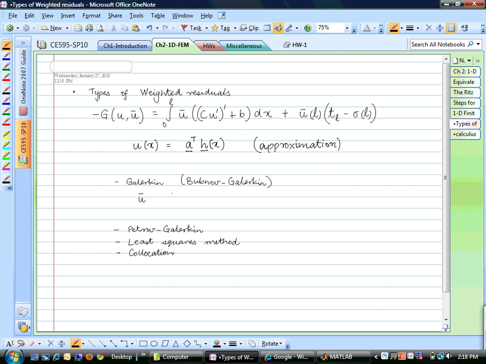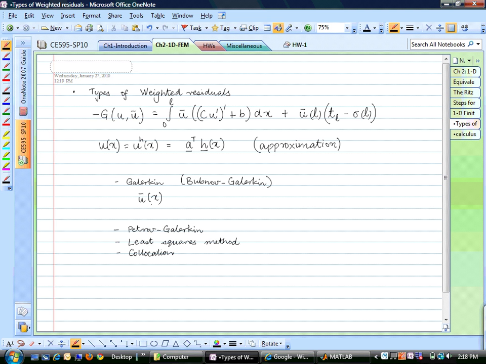For Galerkin, which is also called the Bubnov-Galerkin method, and again, this is something that we did last time, we are approximating our real displacement with a discretized version of the displacement, which can be expressed as a linear combination of some shape functions.